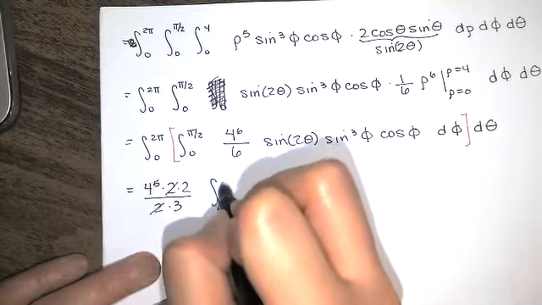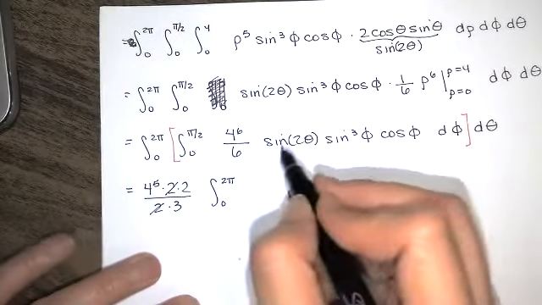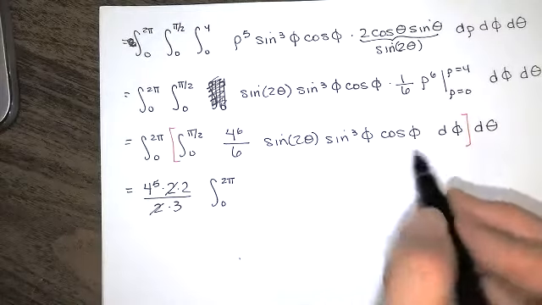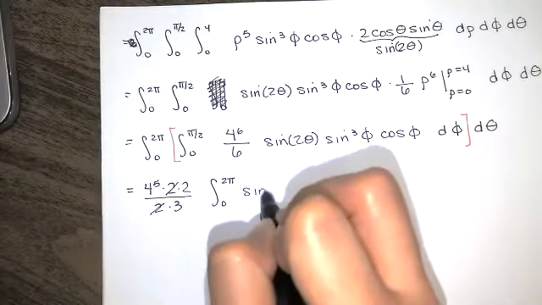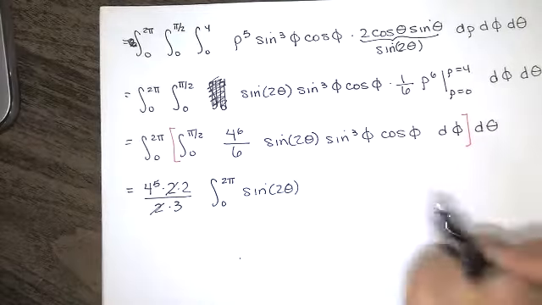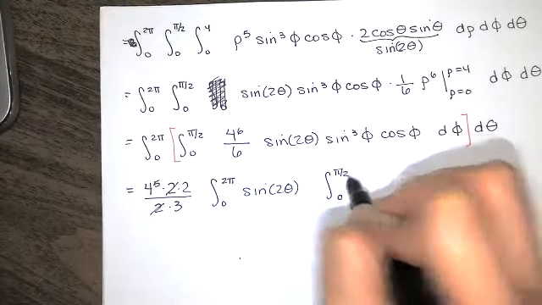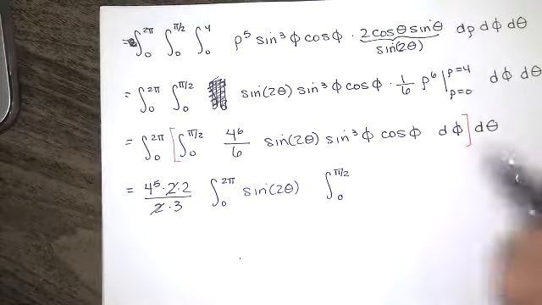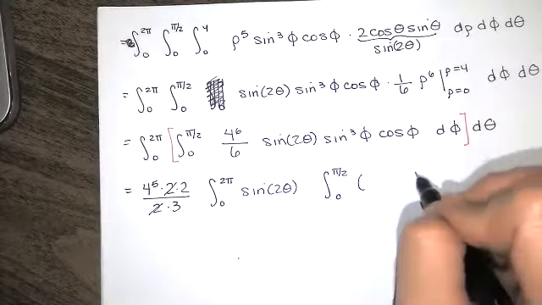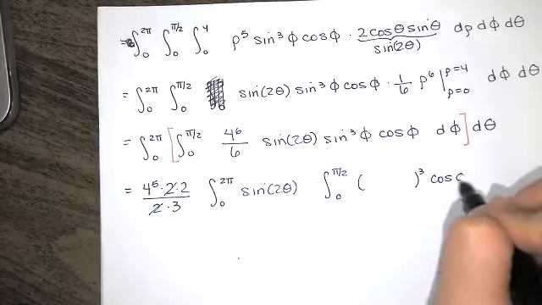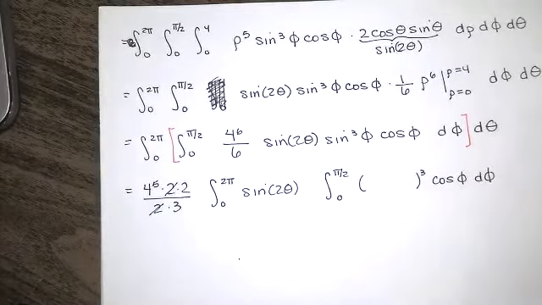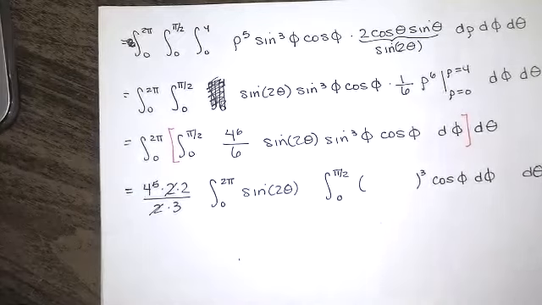And you still have the integral from 0 to 2 pi. And then the sine of 2 theta is constant with respect to phi, so I'll factor that out. And then we're integrating from 0 to pi over 2 this sine cubed phi times cosine of phi d phi. And that d theta is still out here somewhere.